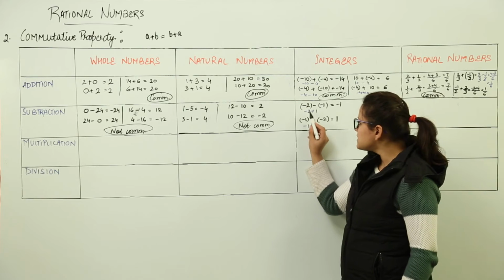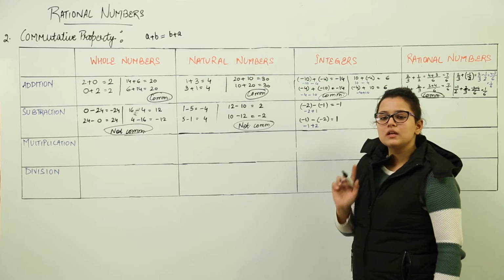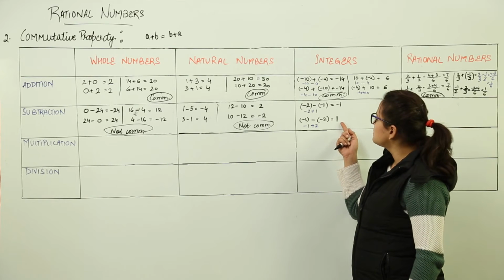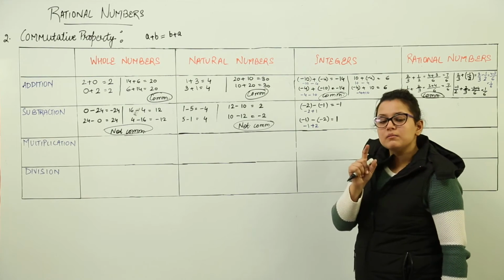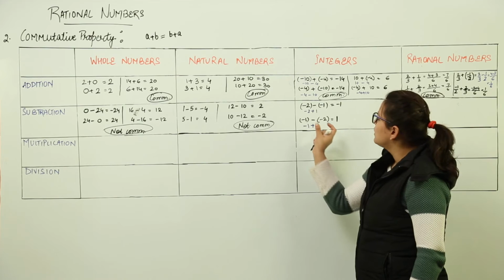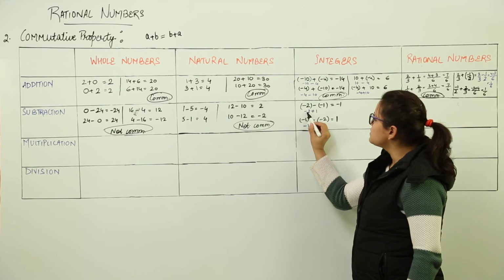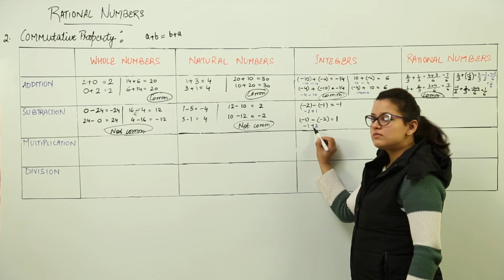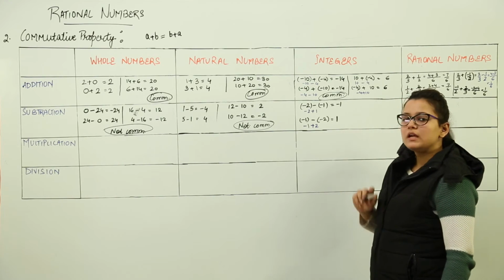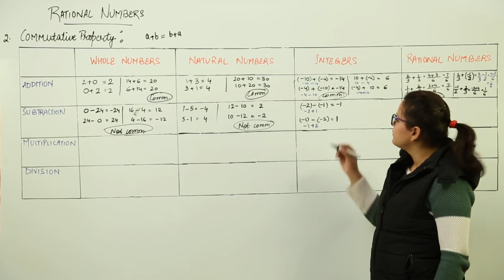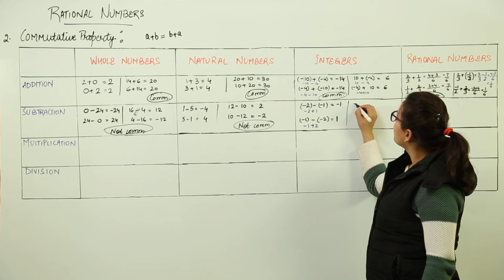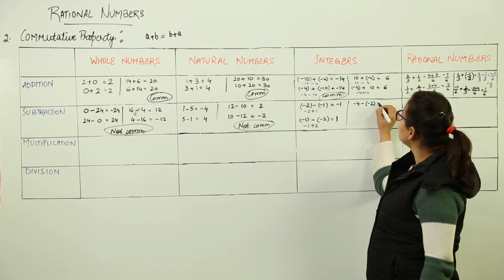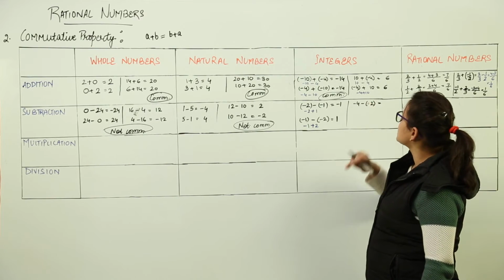See, when the signs are different, it has to undergo the subtraction only. But the answer has a sign of that number which was the bigger one. Bigger one is negative here, so answer gets negative. The bigger sign is positive, so the bigger one's sign becomes the answer sign. Another example, minus 4 minus minus 2, or let's make it plus.